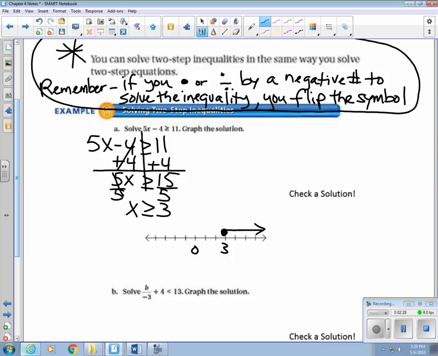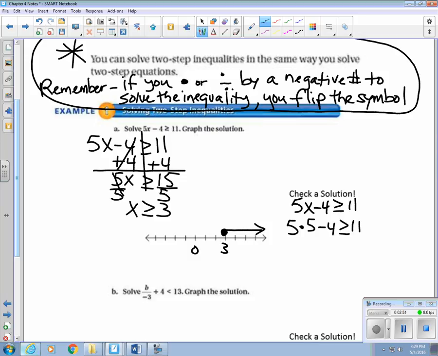To check my solution, I have to take any number to the right of that 3 where the arrow is. So I'm going to take 5. And I'm going to plug it into my original inequality, which was 5x minus 4 greater than or equal to 11. By plugging this in, I'm checking to see whether or not the arrow is going in the right direction. So I'm checking to see if this solution is true.